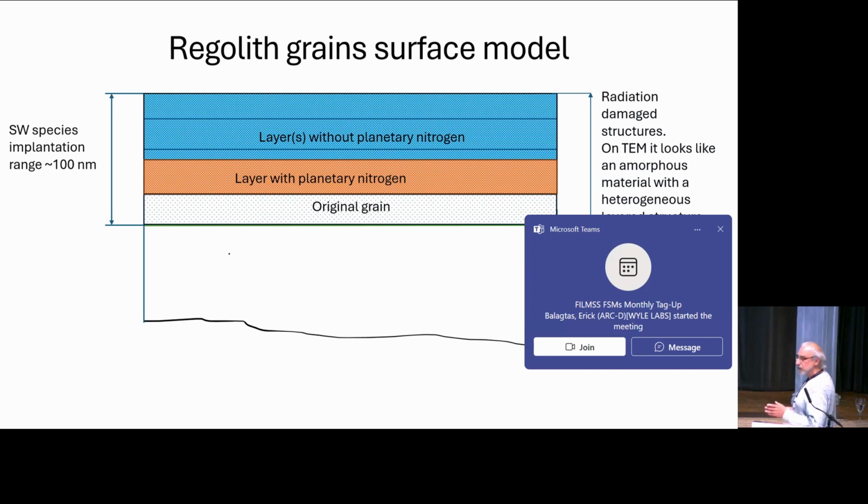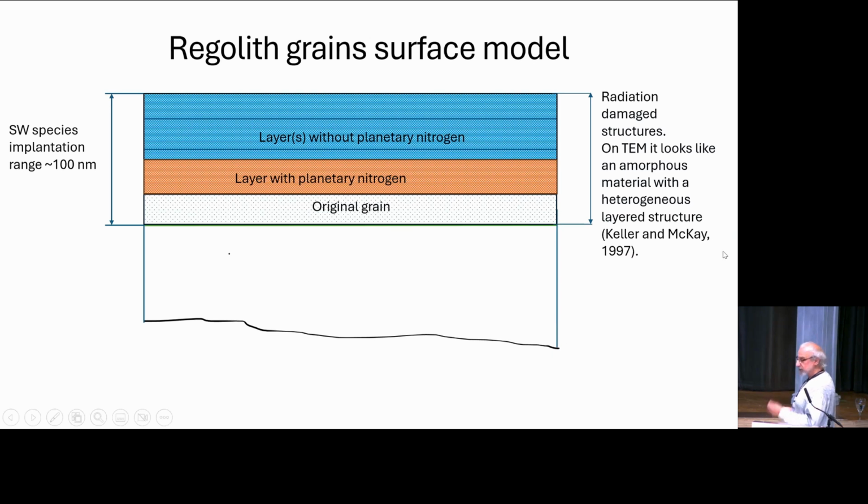Since we know that annealing only works at a distance of about 100 nanometers, it means that nitrogen should be located within this distance from the surface. That's the simplest model of how it works. I'm not going to reinvent the bicycle here, because a structure like that for the surface of lunar soil grains was suggested on the basis of other experiments.